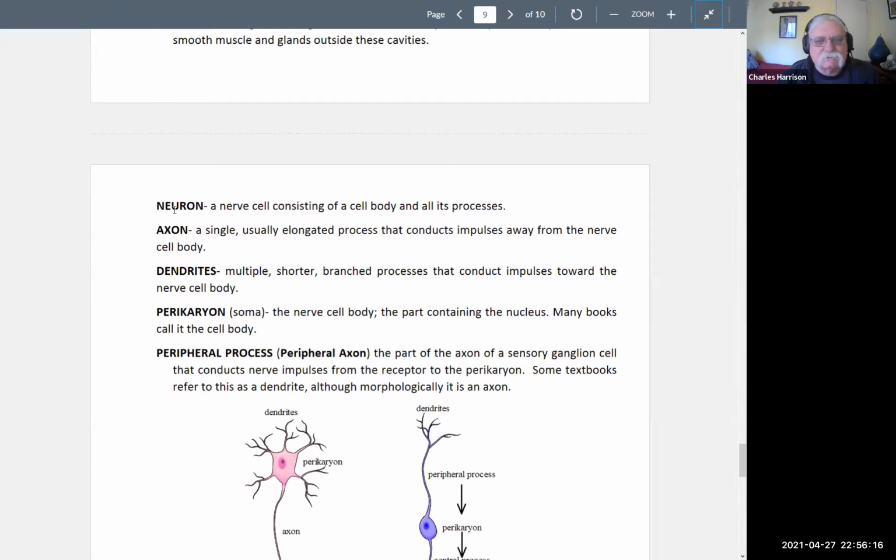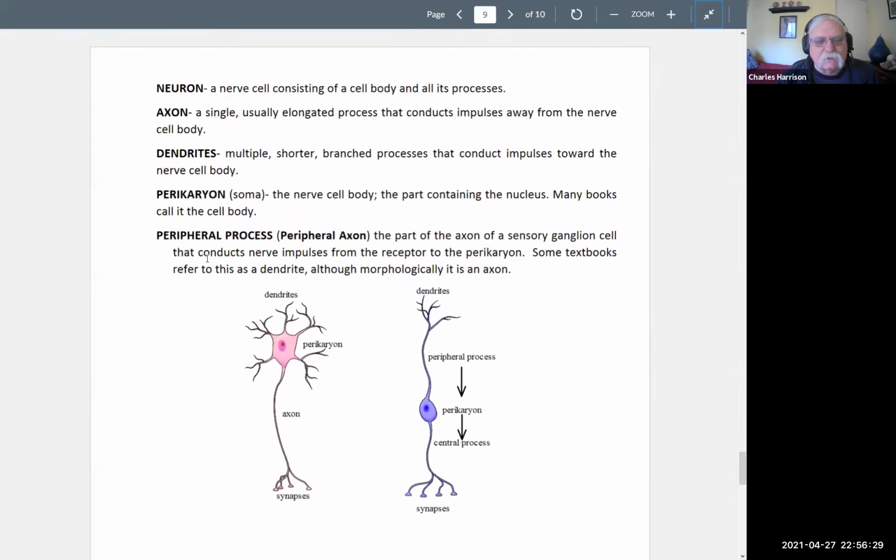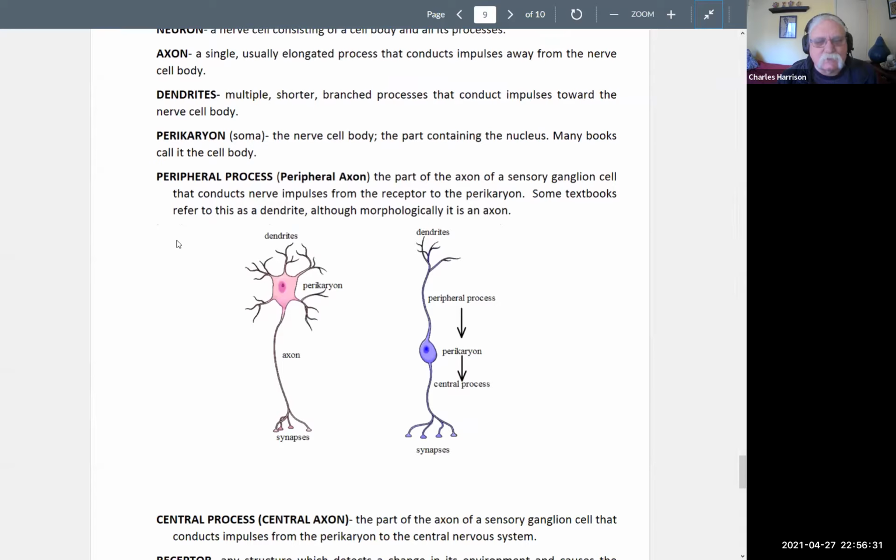Neuron, axon, dendrite, perikaryon, we just went over all these. Now, I didn't use the word peripheral process. Peripheral process is often used in bipolar neurons. This is a bipolar, and this is the peripheral process.